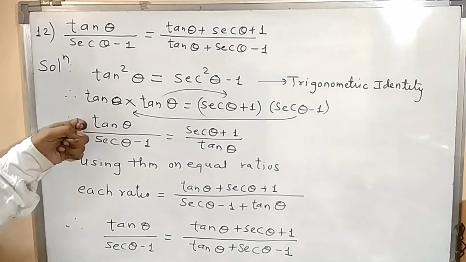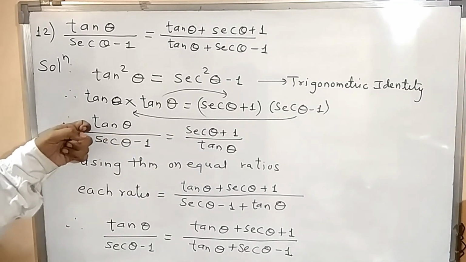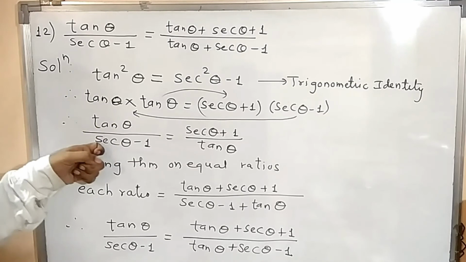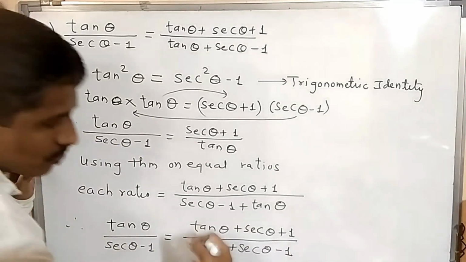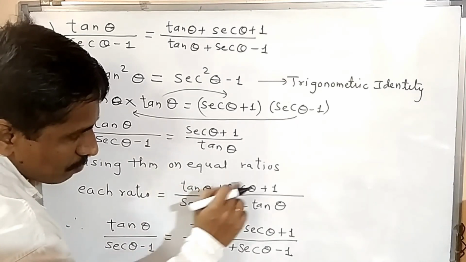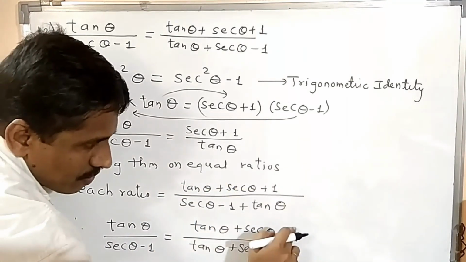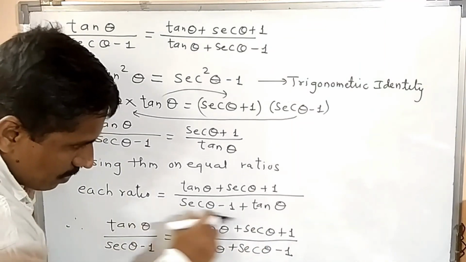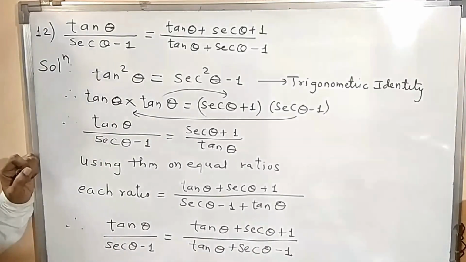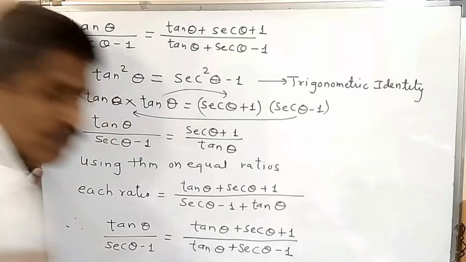I want this ratio on the left hand side, so I will use that ratio. Tan theta upon sec theta minus 1 is equal to, now rearranging the terms, tan theta plus sec theta plus 1 remains the same. Here tan theta plus sec theta minus 1. Thus we have proved this.